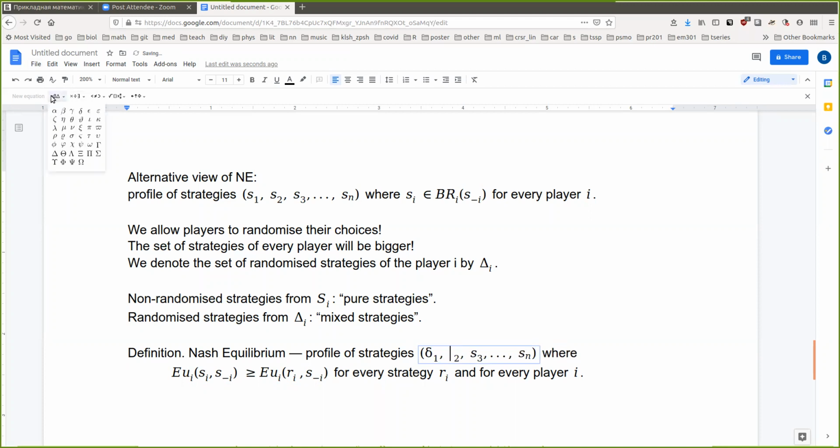So players now are using randomized strategies, not pure strategies, or maybe pure, but they can use randomized strategies.